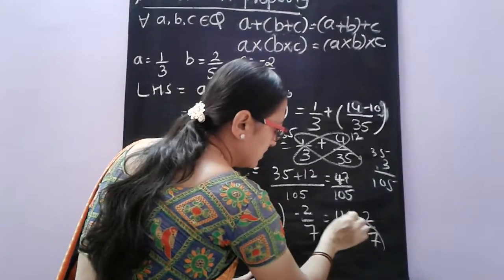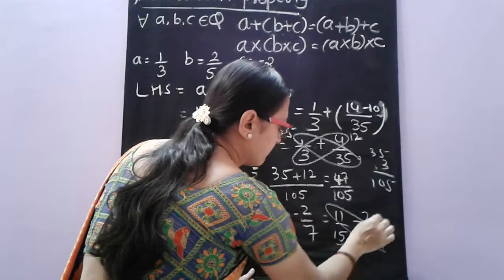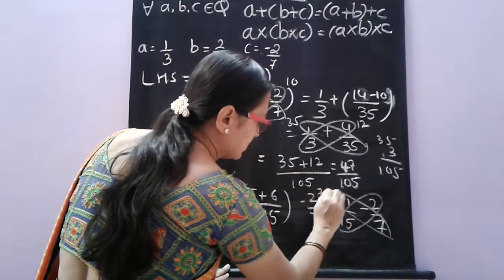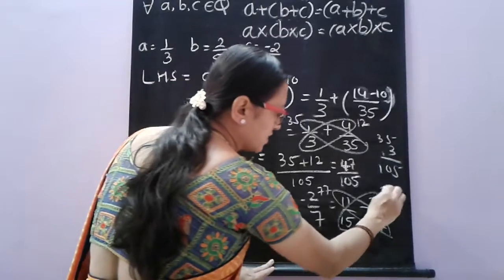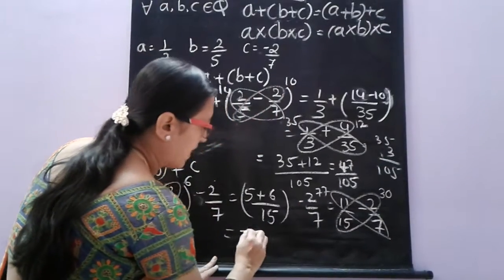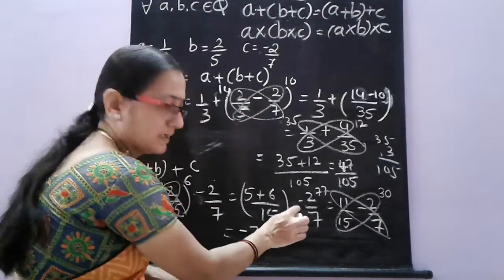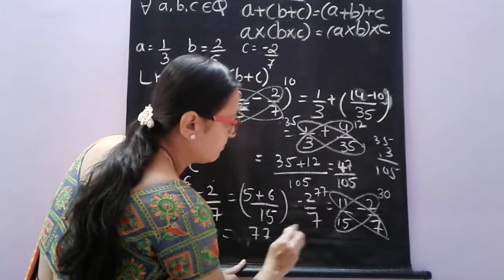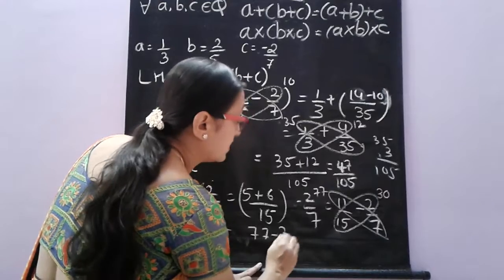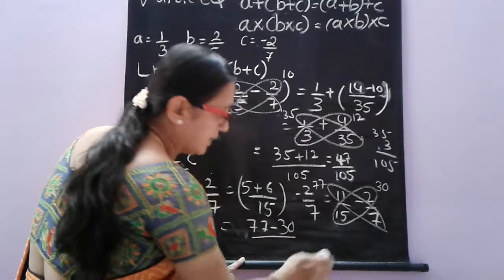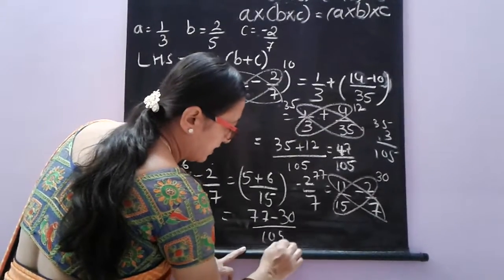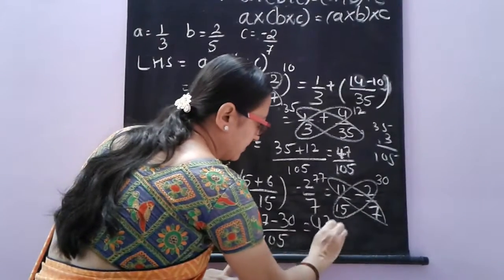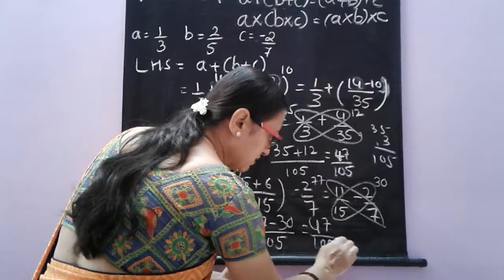Again multiply. 11 7s are 77, 15 2s are 30. So it is minus, this minus with this minus, 77 minus 30 whole divided by 15 7s are 105. 77 minus 30 gives you 47 by 105.